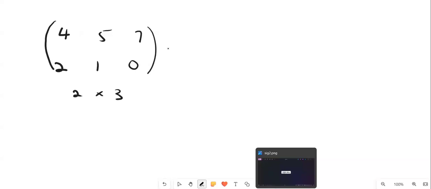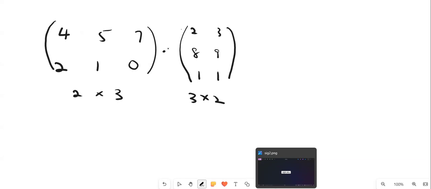I'm going to multiply it by, you can just put it in matrix form, 2, 3, 8, 9, 1, 1. And this is a 3 by 2.